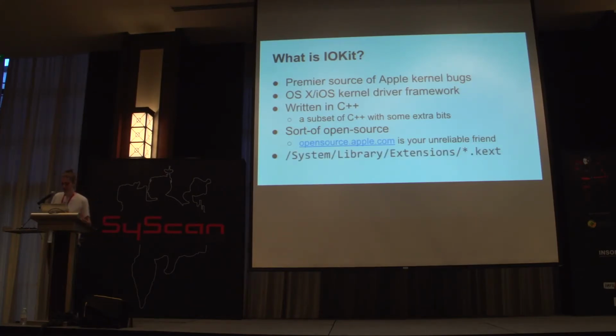And for everything that isn't, if you check out system library extensions on your MacBook, you will find where all of the IOKit kernel extensions live. Quite nicely, Apple don't strip the symbols from most of the device drivers on OS X. This is quite different on iOS, where things are much harder.